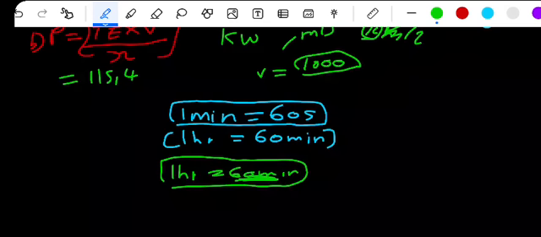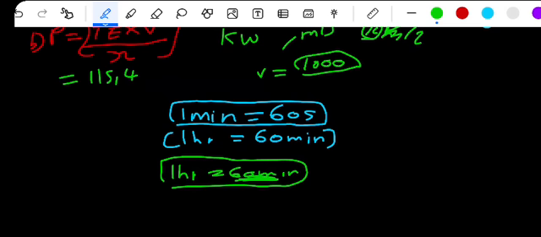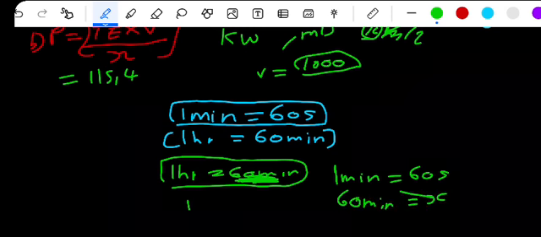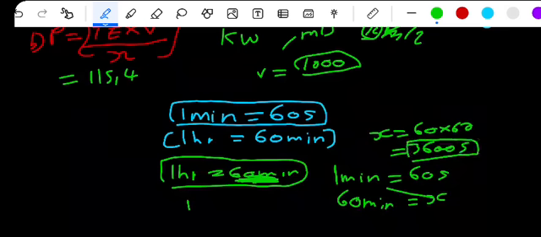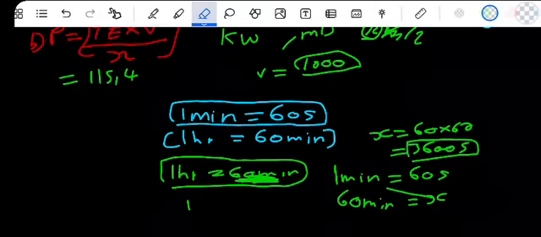We use this proportion: 1 minute is equal to 60 seconds, and in 1 hour we have 60 minutes. We want to know the seconds. Cross multiply: x will be 60 multiplied by 60, so this will be 3,600 seconds. So that is how you convert.